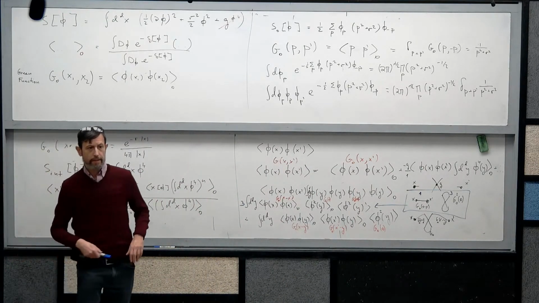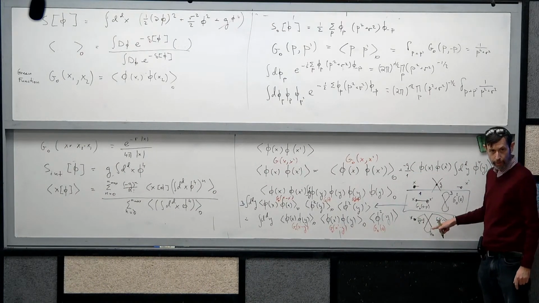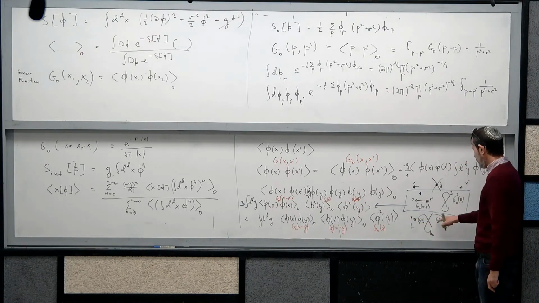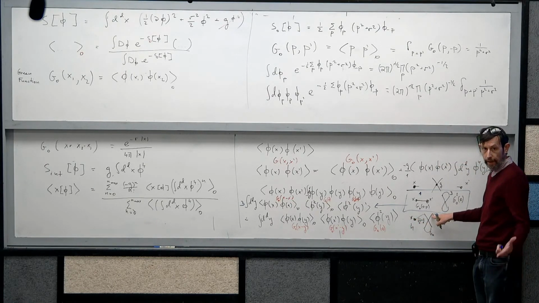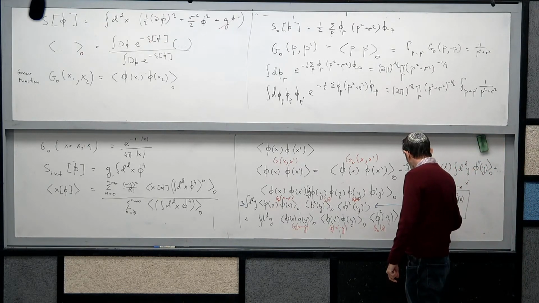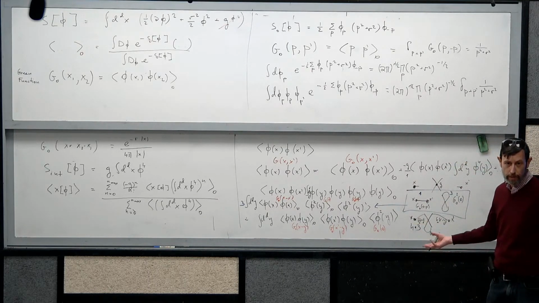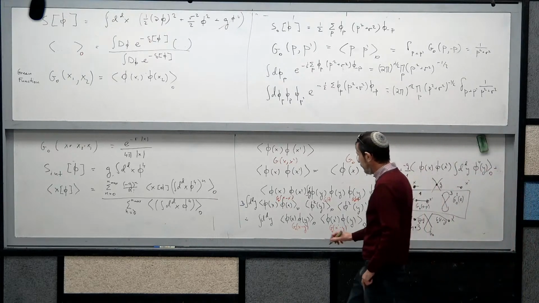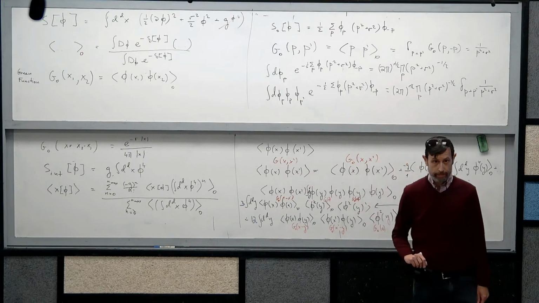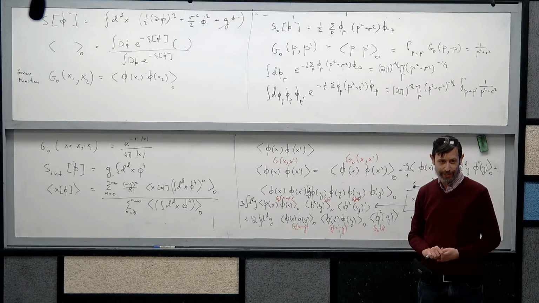How many different ways could I do it? Well, for x, I had 4 points that I could connect. For x prime, I have only 3 left, so I have 3. And the remaining pair has to connect one to the other. I have no choice anymore, meaning I have a contribution of 12 such terms.